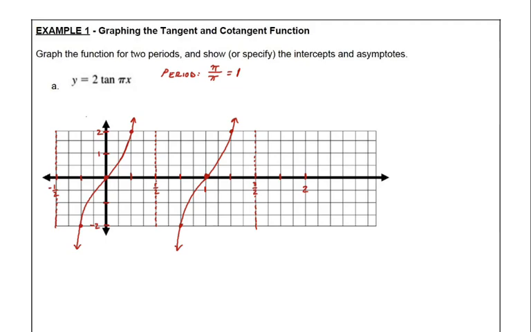And then in terms of identifying the intercepts and the asymptotes, if I want to identify the x-intercepts, that's going to be at (0, 0) and (1, 0). There are obviously infinitely many more intercepts, but I'm just going to identify the ones in my 2 periods of my graph. And then in terms of the vertical asymptotes, there will be vertical asymptotes at x equals 1/2, x equals 3/2, and also in my graph, x equals -1/2.